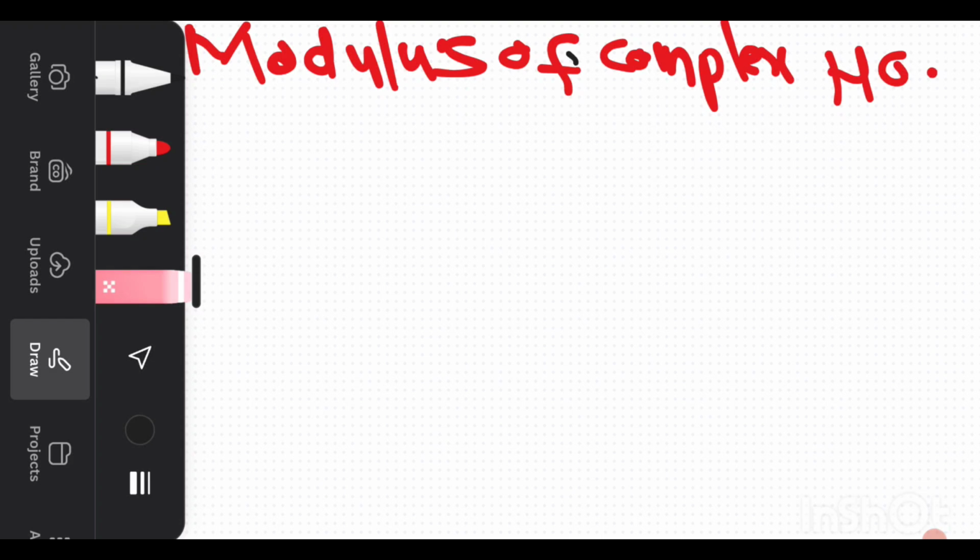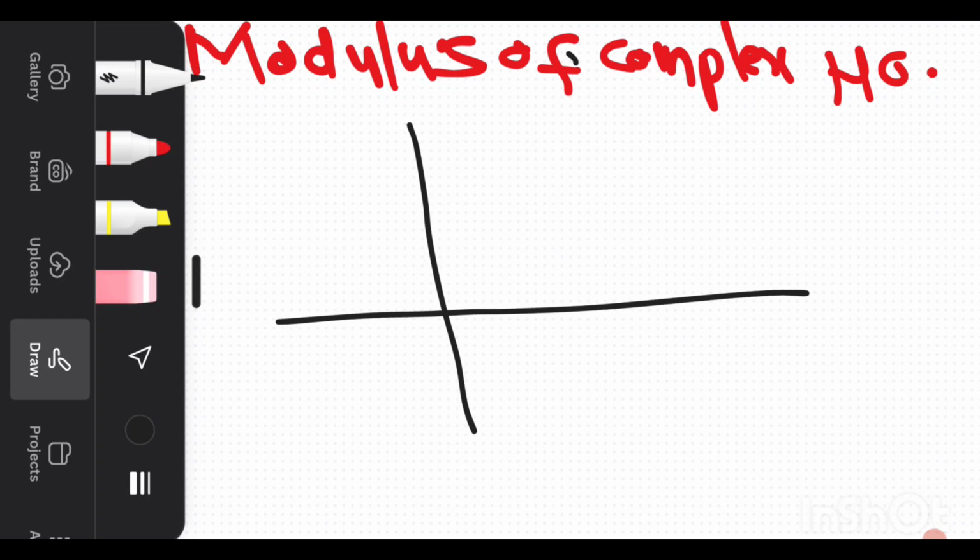Now the modulus of complex number. The modulus of complex number is basically the distance from the origin of the point representing the complex number. Okay, like this is the Cartesian plane. There is some point where x is some value, and there is some value of y, so it's an xy pair.